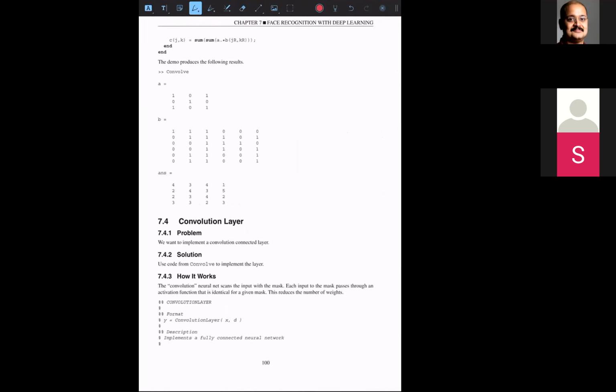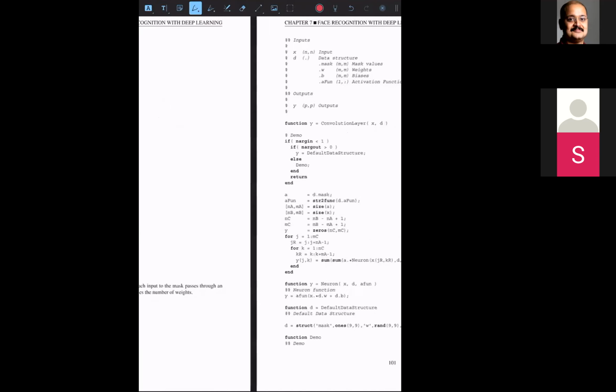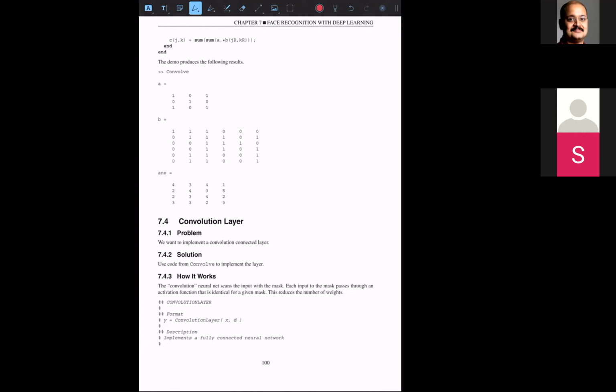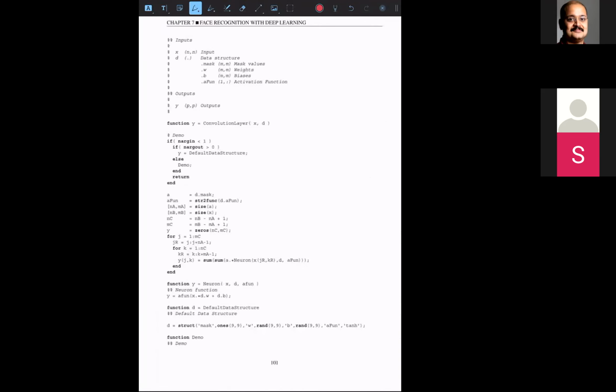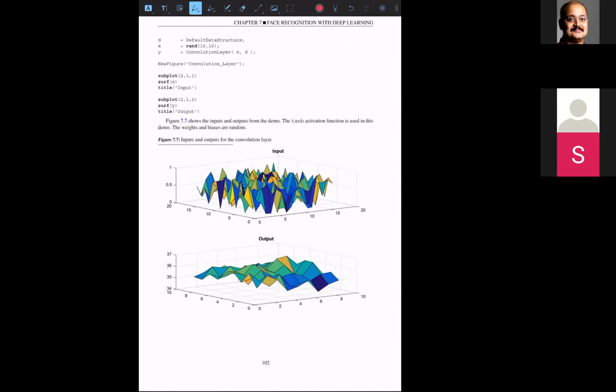Okay. Now the next part is, how would you connect the convolution layer? The next part is the convolution layer, wherein you take this operation of convolution and implement that in a layer. The next part of the code is going to show you that.